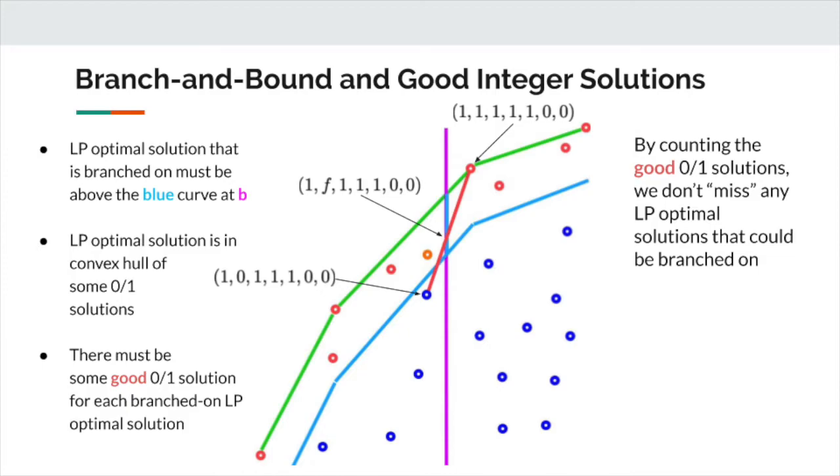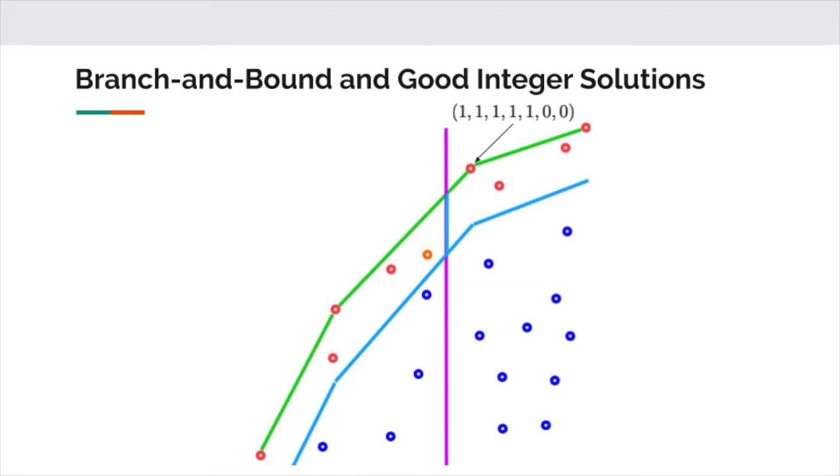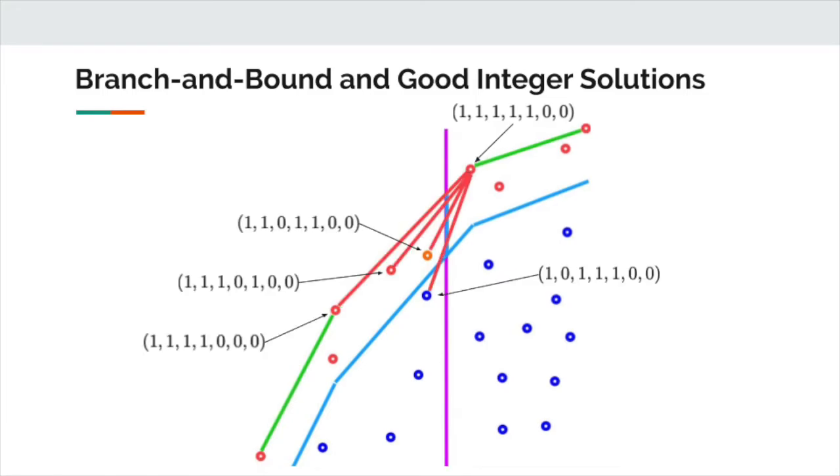So now our question becomes, for each good 0, 1 solution, how many nodes can be branched on in any branch and bound tree? So let's focus on this particular good 0, 1 solution. And note that this good 0, 1 solution can correspond to n LP optimal solutions that are fractional and branched on during the course of branch and bound, all right?